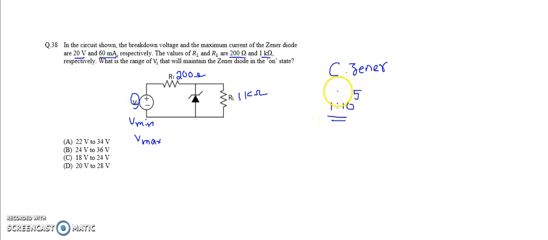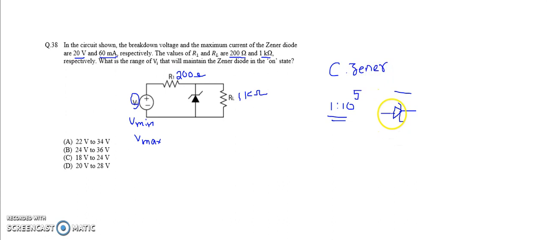That is the meaning of this 1 is to 10 power 5. And we represent the Zener diode like this, with a Z type of structure, which is the first alphabet of the scientist's name.